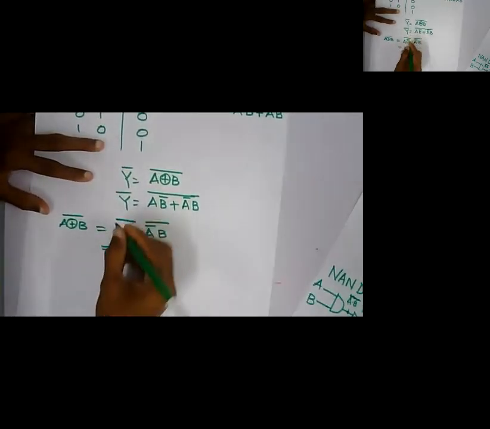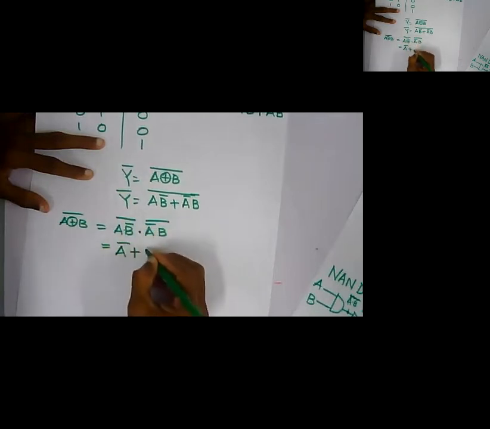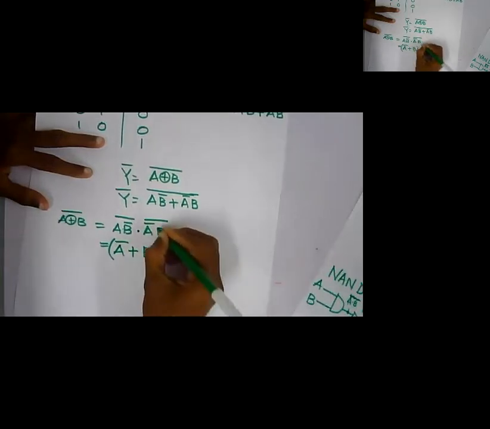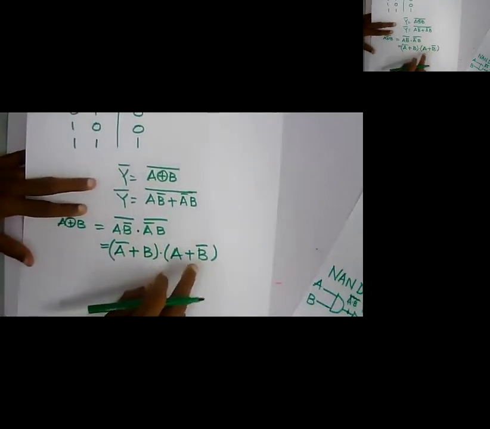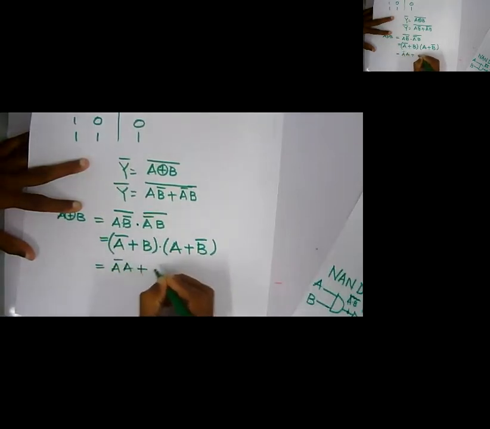First, let me remove the bar: A becomes A bar and dot becomes plus, and B bar becomes B double bar, which is B. And then the other term becomes A plus B bar. Now just apply the distributive law and multiply it out. So A bar times A, I can write it as A bar A plus A bar B bar.